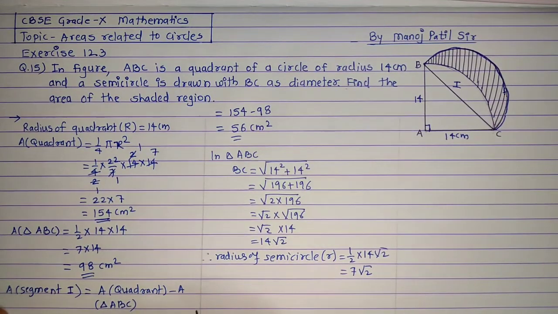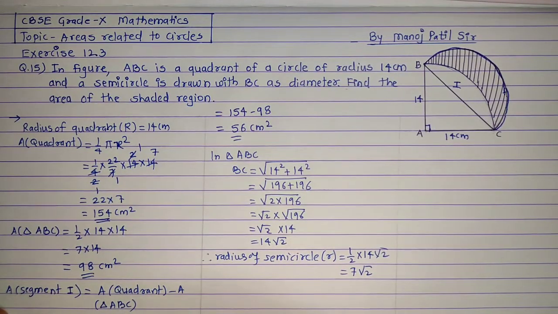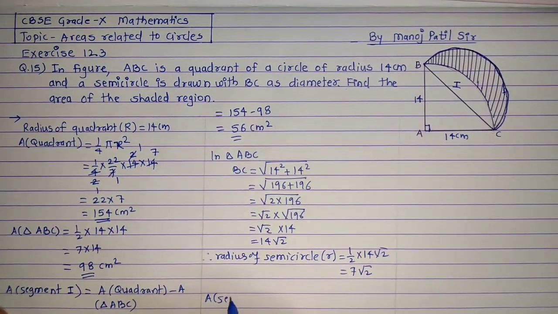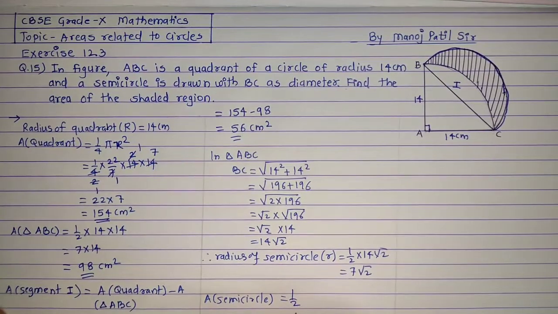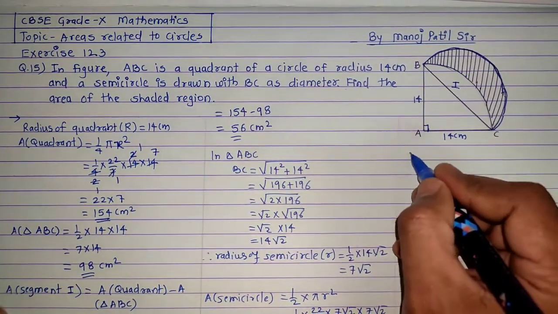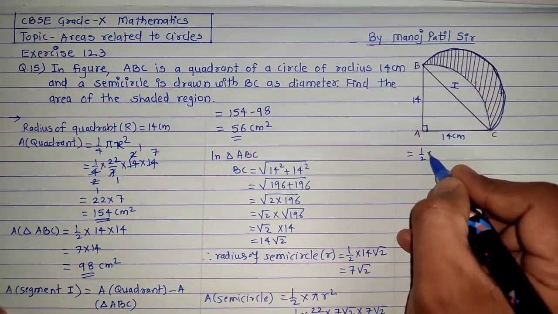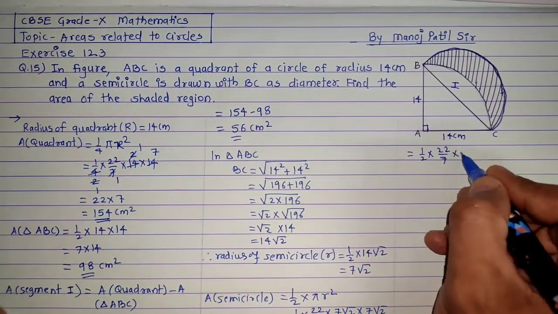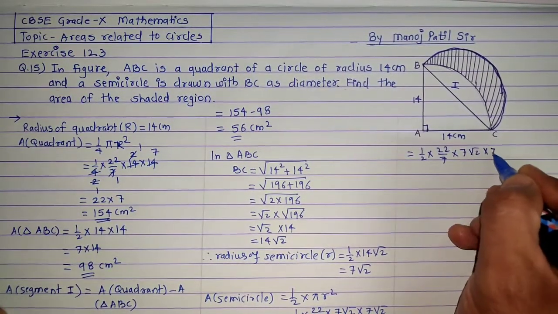So let us find the area of semicircle. Area of semicircle is equal to half multiplied by pi r square. Half pi is 22 upon 7 and r is 7 root 2 multiplied by 7 root 2. We'll write this step here again because it is not visible. Half into 22 upon 7, 7 root 2 into 7 root 2.